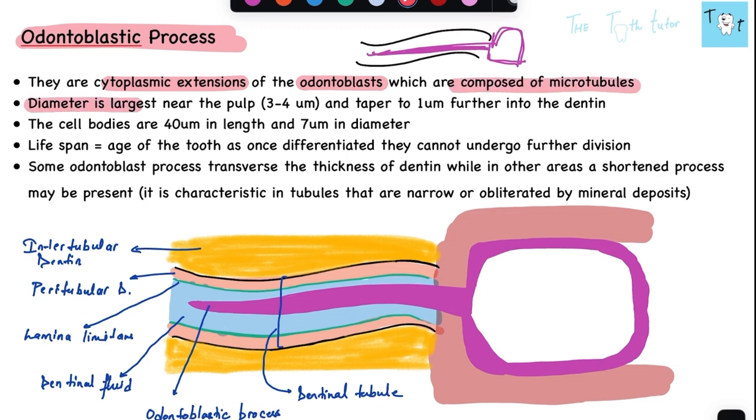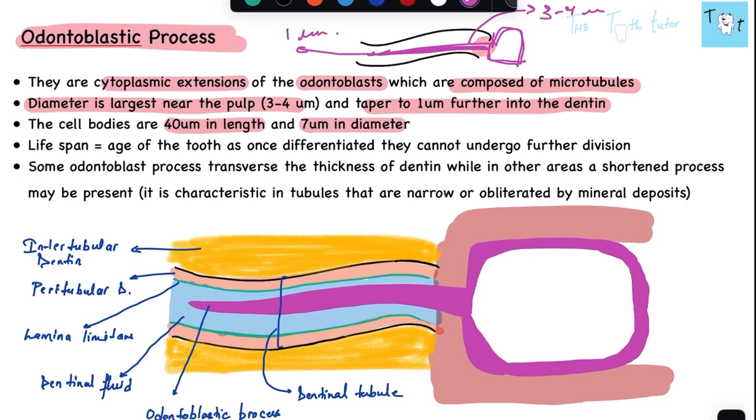Now the diameter is largest near the pulp, so over here they are the thickest, and they taper to 1 micrometer further into the dentine. Over here the thickness is around 3 to 4 micrometers, and over here it is about 1 micrometer. Now the cell bodies are 40 micrometers in length and 7 micrometers in diameter.